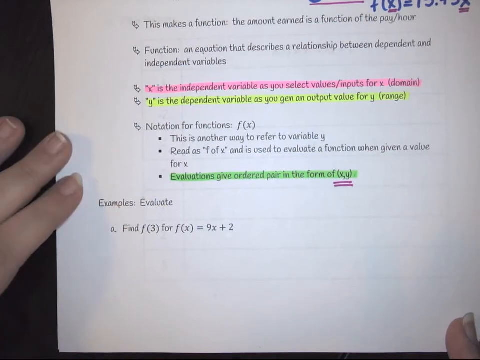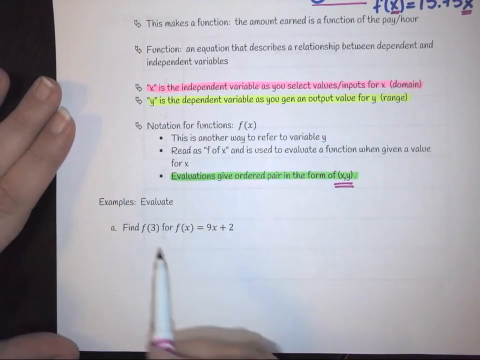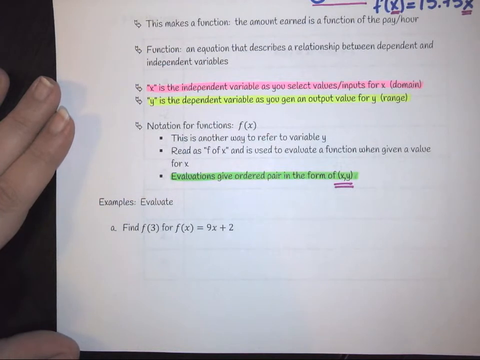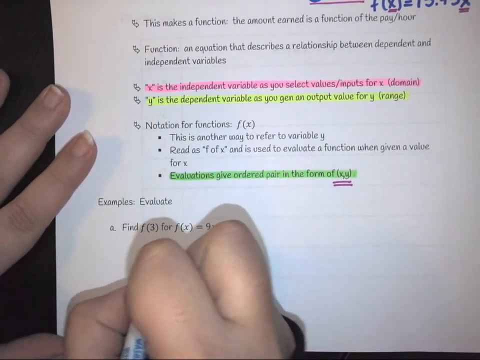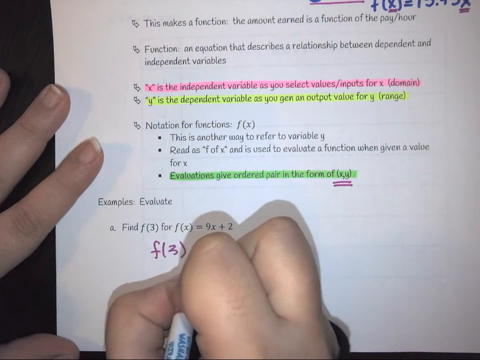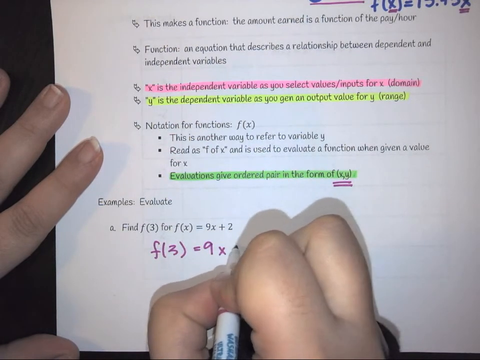So we have an example here that says, find f of 3 for f of x equals 9x plus 2. So what does this actually mean? It means if I have f of 3, well, this equals my 9x plus 2.